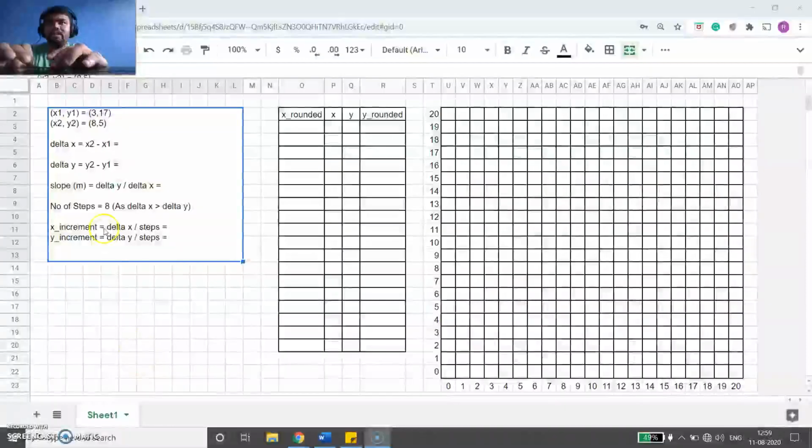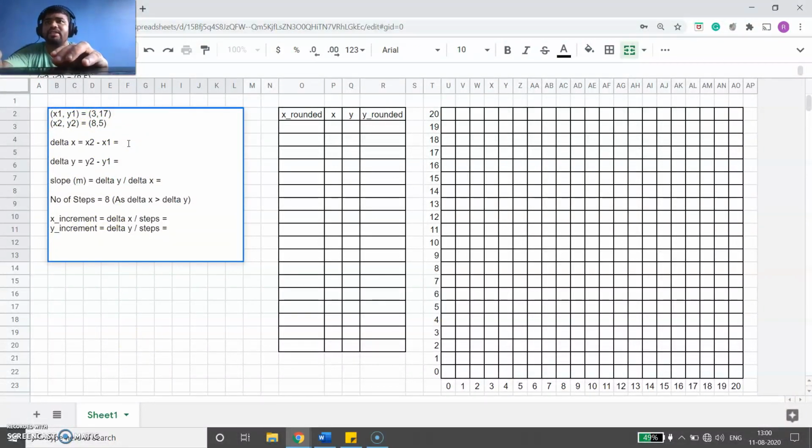So now let's get started with another set of examples. Here we have x1, y1, which is 3, 17, and here we have x2, y2, which is 8, 5. So let's find out the delta x, that is x2 minus x1. So x2 minus x1 is 8 minus 3, which is equivalent to 5. And in the y case, we have y2 as 5 minus 17, which is minus 12.